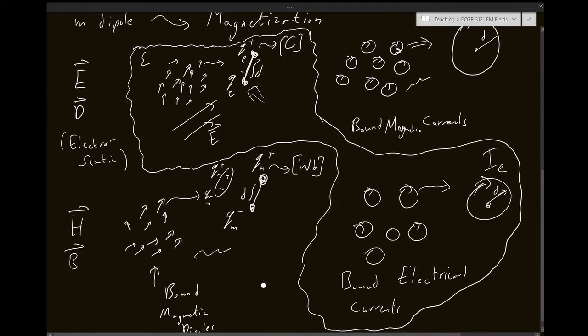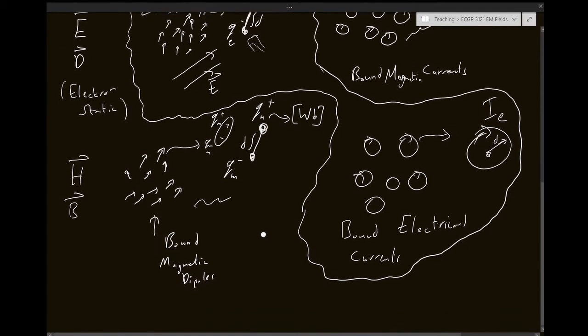That's why the classical traditional description of the dipole in magnetism is different than the one we used for electrostatics. We used two charges for one, and then we use loops of current for the other.